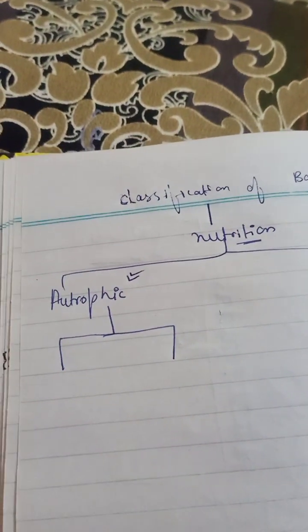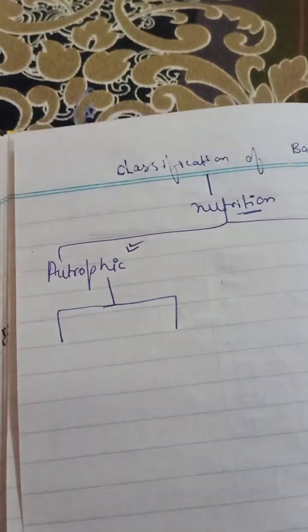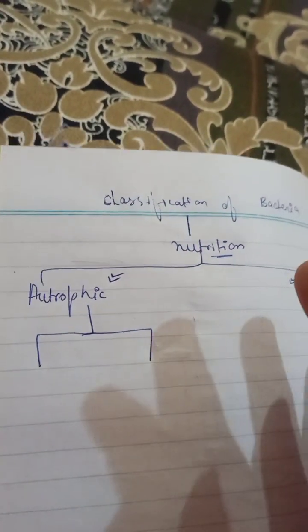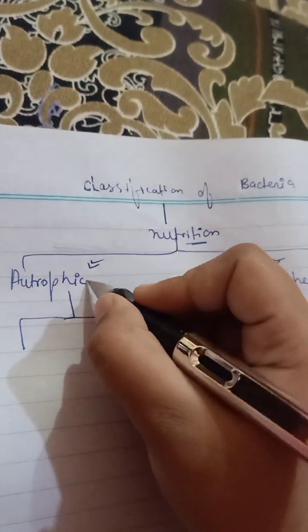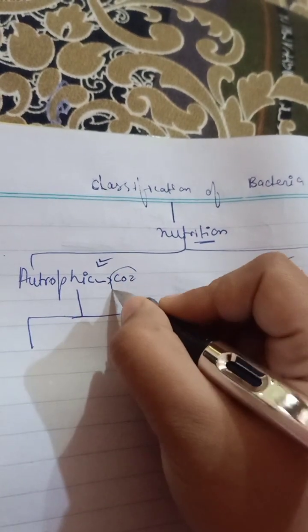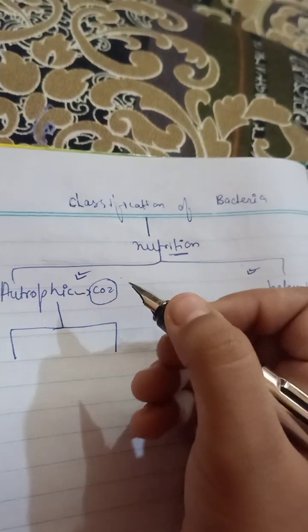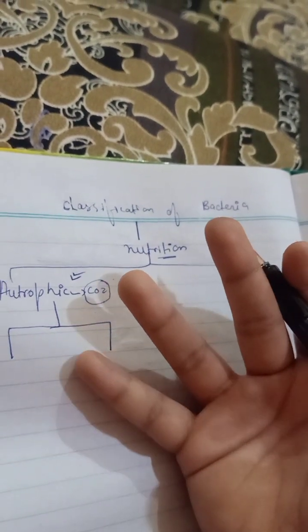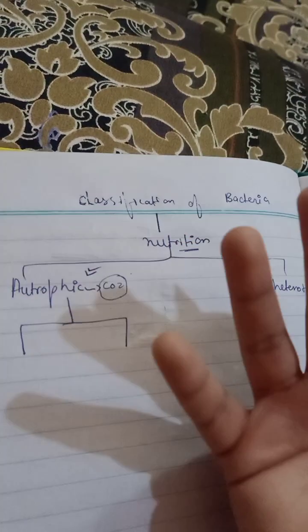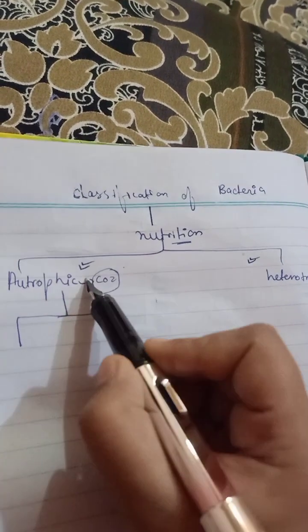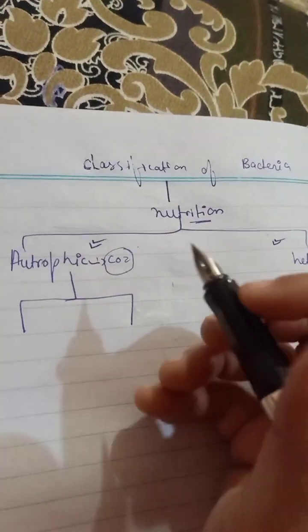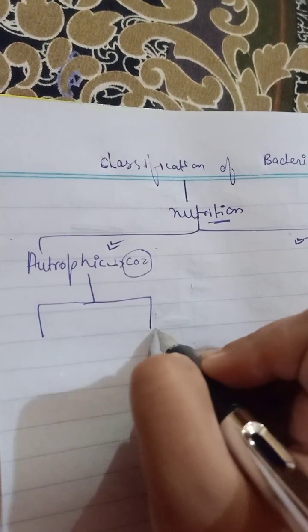You can take the example of carbon dioxide. That is called autotrophic. The heterotrophic will be the opposite of the autotrophic. Autotrophic is divided into two groups.